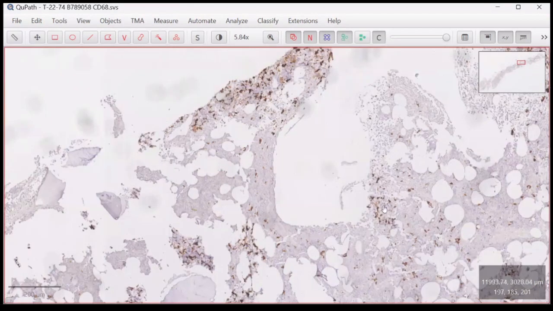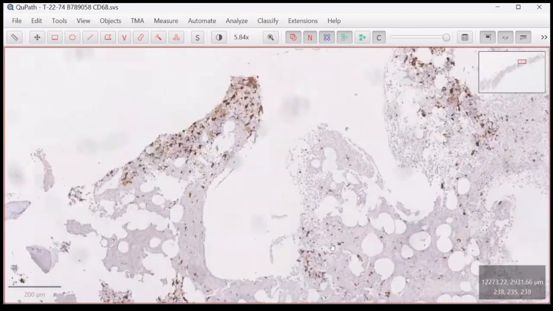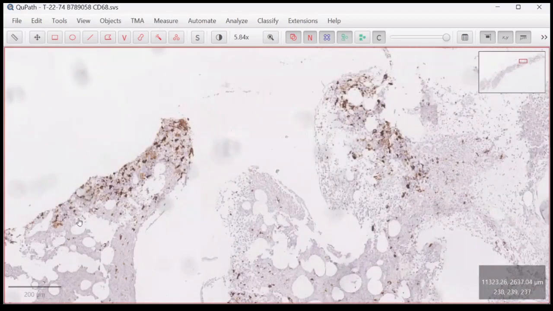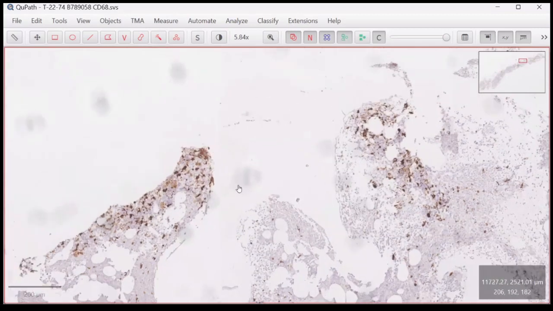So it would be difficult to ascertain whether this is CD68 of malignant cells or not. But they should express CD117 if they are blasts, because previously it was both CD34 and CD117 positive.